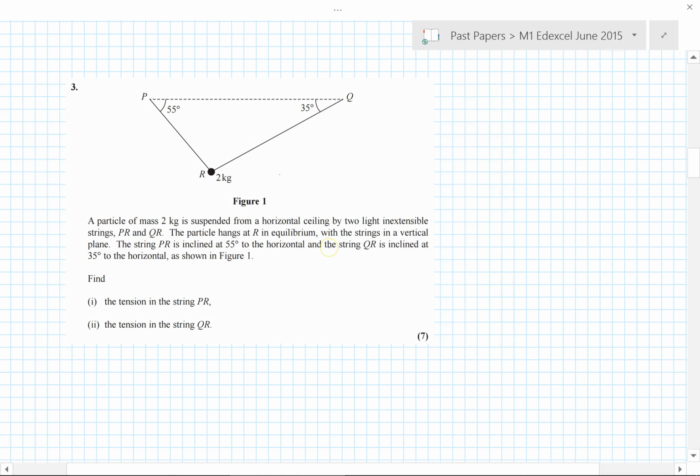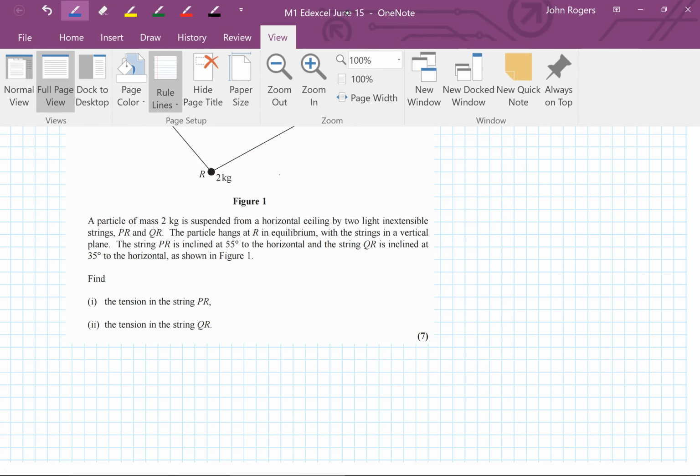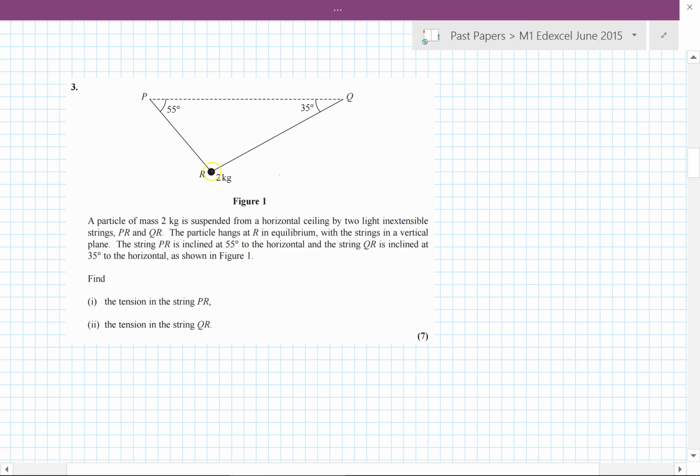We have a particle which is in equilibrium. We've got the weight coming down, which is 2g, and we've got two tensions. Let's call this TQ and let's call this TP.